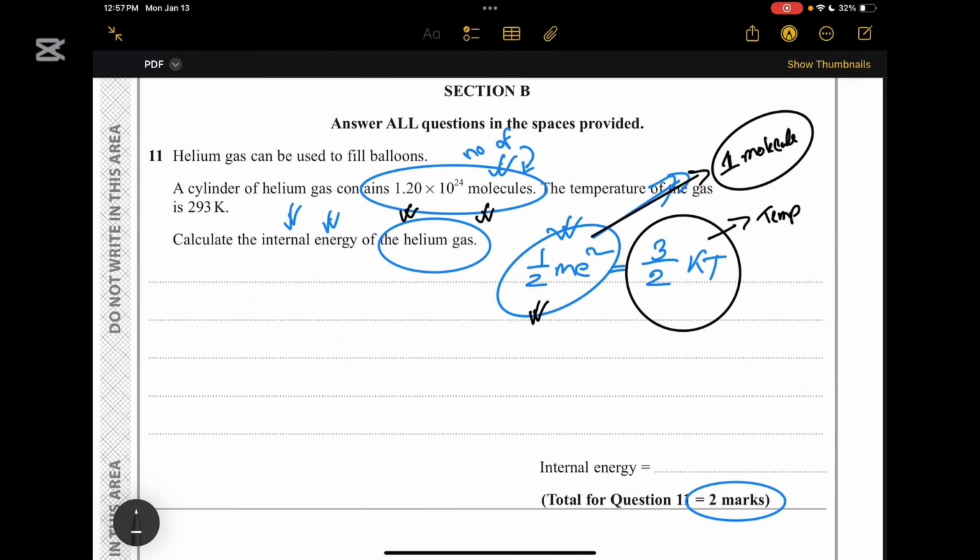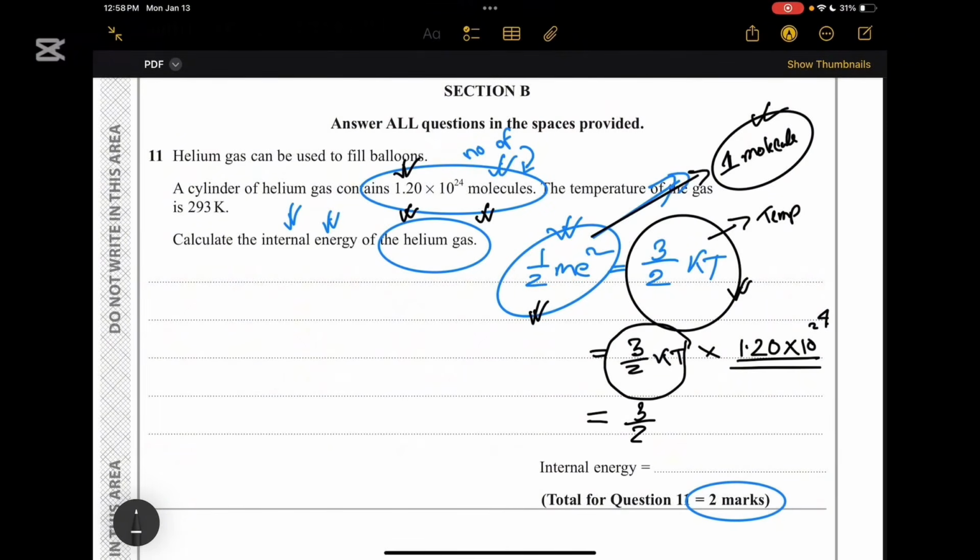So if for one molecule the formula is 3 by 2 kT, then for this number of molecules it will be 3 by 2 kT into 1.20 into 10 to the power 24, because this formula is for only one molecule, and you need to multiply it with this number of molecules.